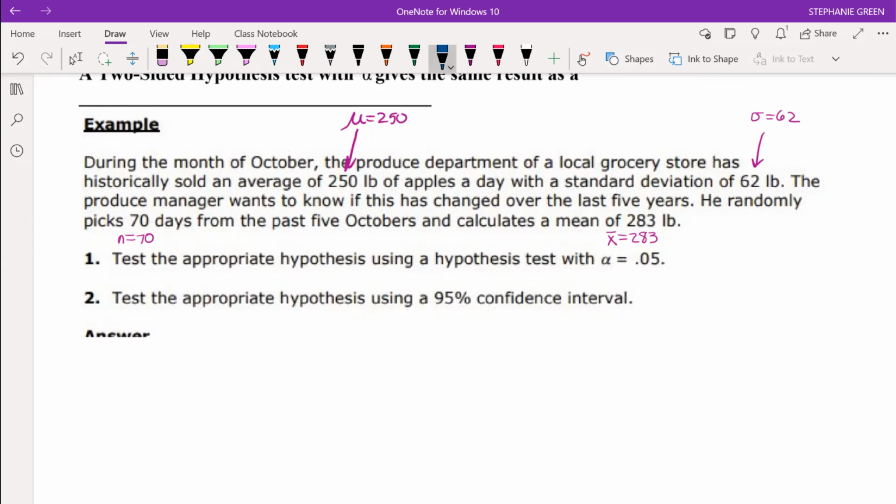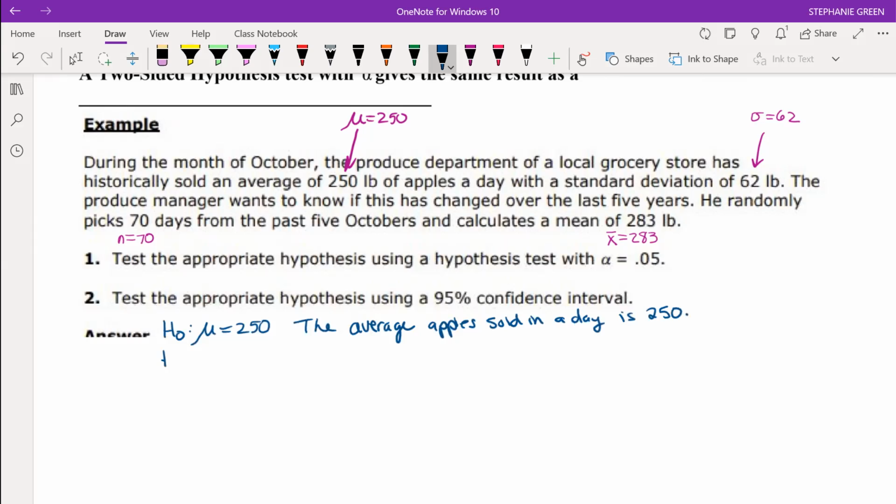Okay, so starting with the hypothesis test. Step 1, state your hypotheses. H0 is that the mean is the same as it has always been, 250. The mean, or the average, actually is a more user-friendly term. The average apples sold in a day is 250.